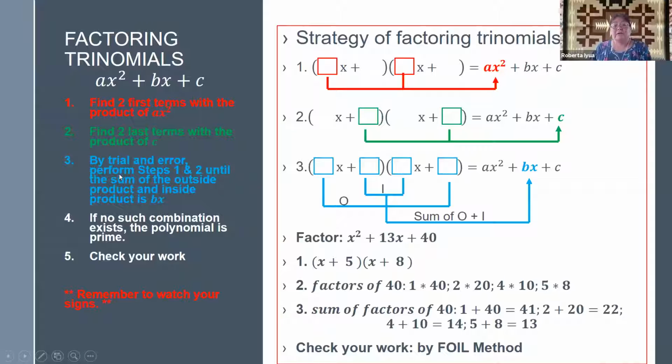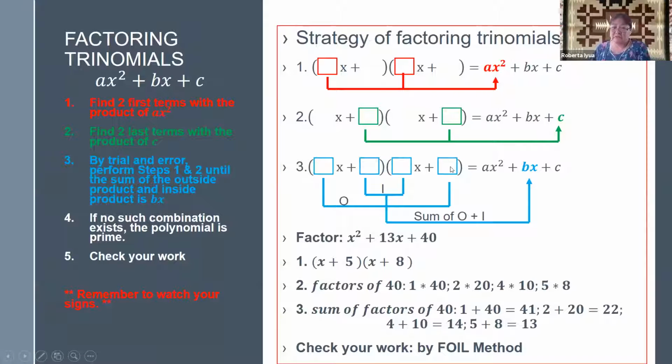By trial and error, perform steps 1 and 2 until the sum of the outside product and the inside product is bx. So to find bx, it's through trial and error of adding or multiplying the outside, which is the first term of your first binomial, and the last term of your second binomial.